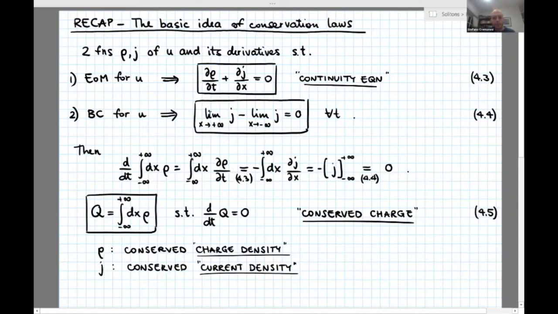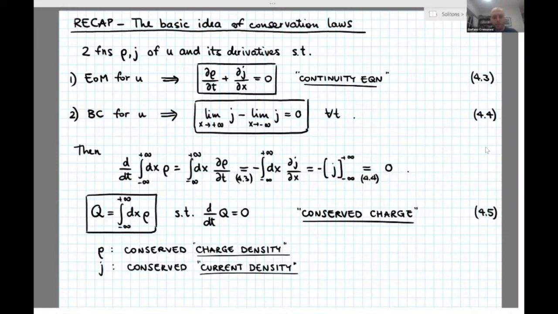But by the second assumption above, equation 4.4, that vanishes. So when conditions 1 and 2 hold, then q, the integral over x of rho that we call the charge density, is indeed time independent, and that's a conserved quantity. We then call rho the conserved charge density and j the conserved current density, or more briefly, just a conserved current.